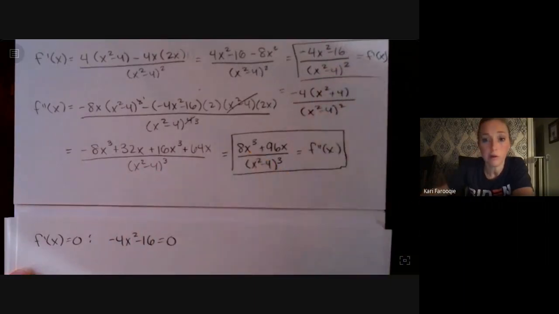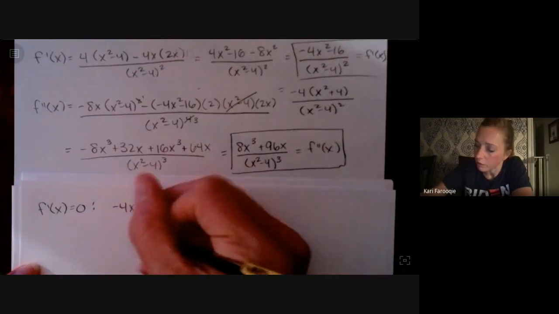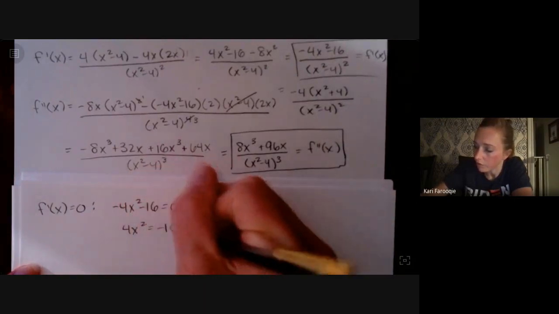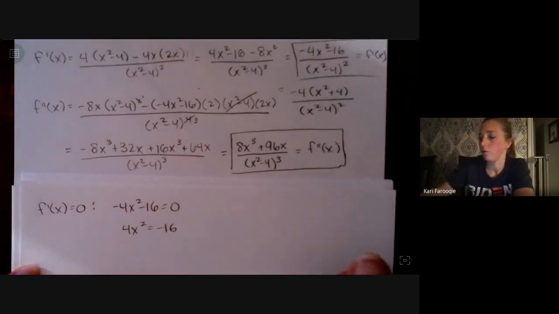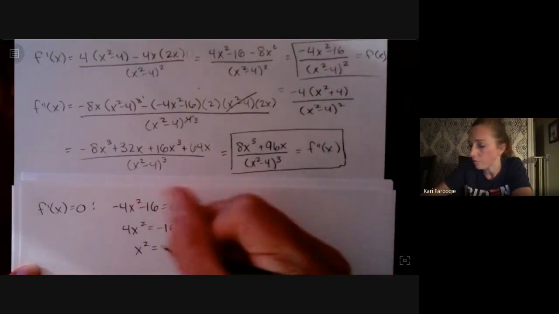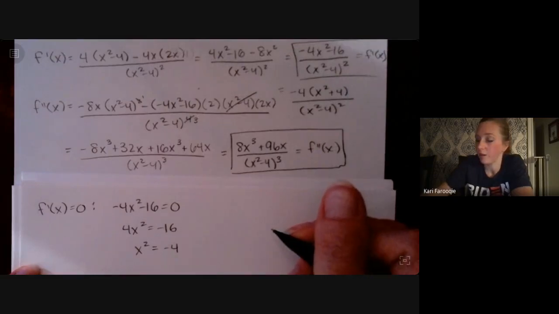So taking that numerator and setting it equal to 0, I'll add 4x squared on both sides. That leaves me with positive 4x squared equals negative 16. Well, look at what happens then. You get x squared equals negative 4. Cannot be.